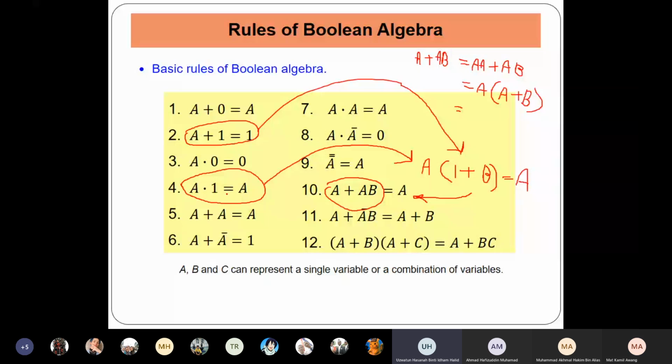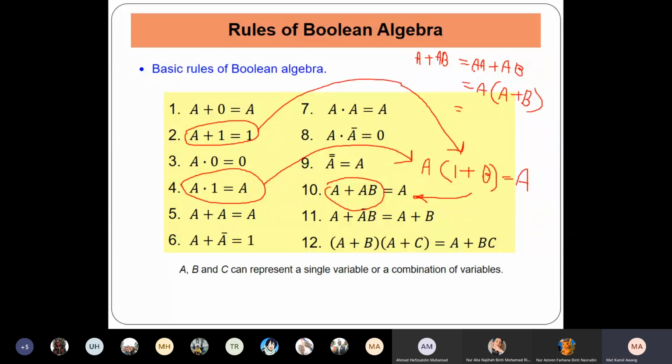A and B, A or B. We are trying to find this: why can this one be dropped, so that you end up with A or B?